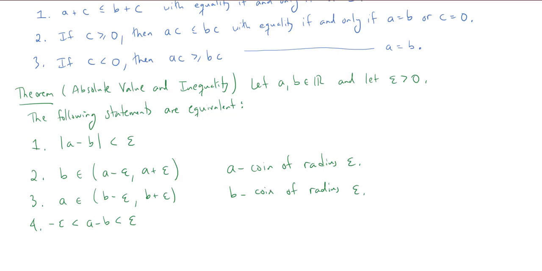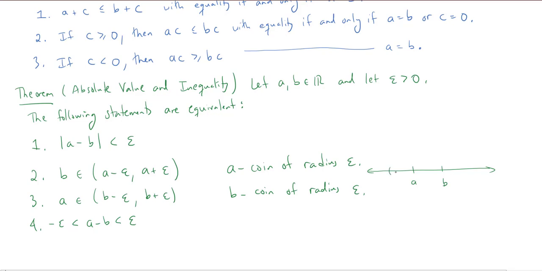So if you want to prove these things, you have to say, what is the absolute value, right? And there's going to possibly be cases in some instances. What I would absolutely recommend is that you draw some pictures. So for example, for 2 and 3, it might help to say, okay, well, here is A and here is B. It doesn't have to be that B is smaller, or B is larger rather, but I can draw a picture that way.